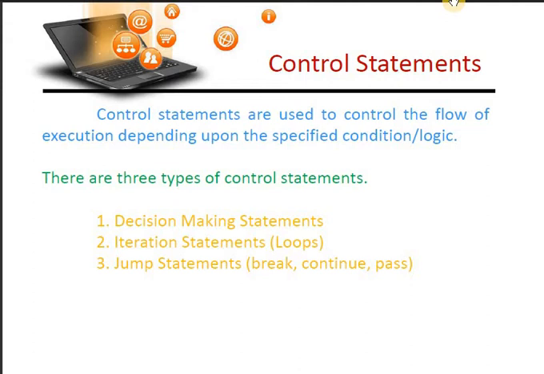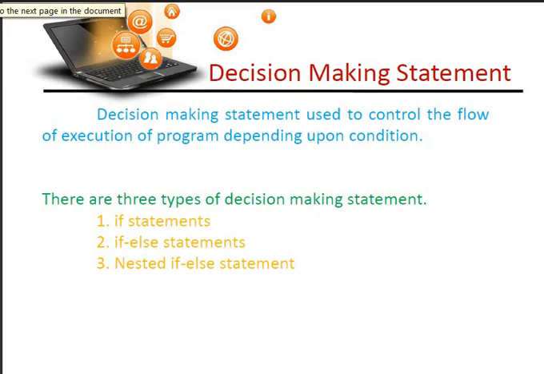Now control statements, there are three types of control statements: decision making, iteration, and jump statement. Decision making means if else, iteration means loops, while loop, for loop, and jump statements break, continue, and pass. So first of all we will discuss decision making. Now if statement, if else statement, and nested if else statement.